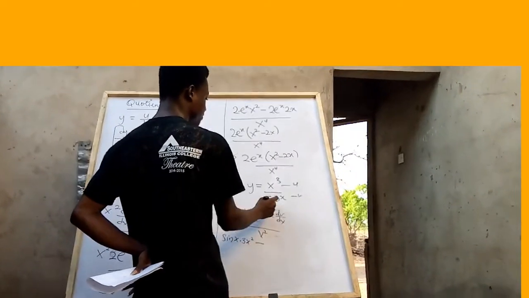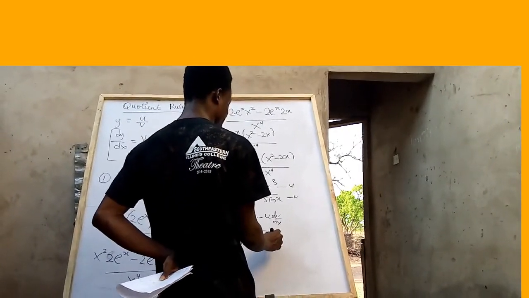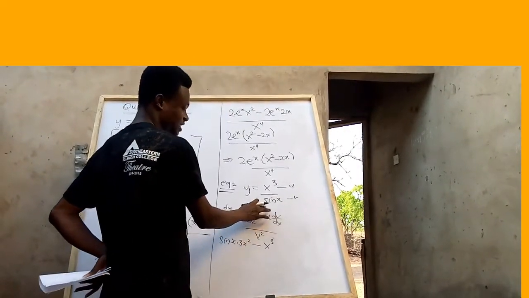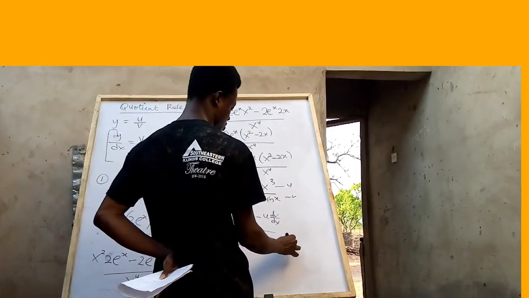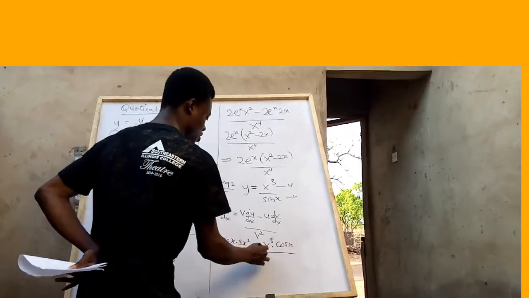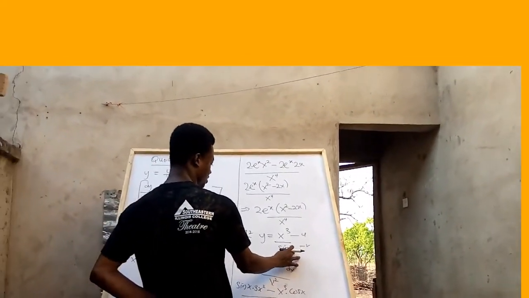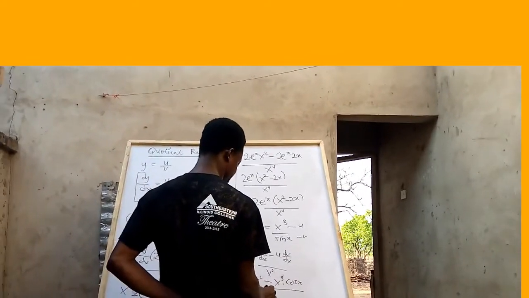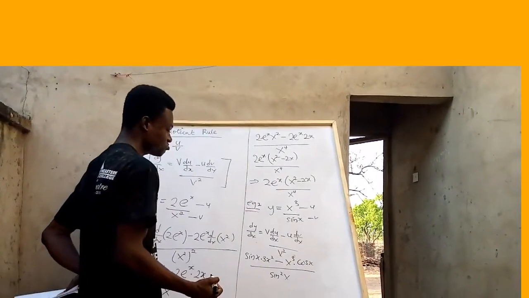My u is x cubed, so I write x cubed here, and then I find the derivative of sine x, and that will give me cos x, all over my v squared, and my v squared is sine squared x.